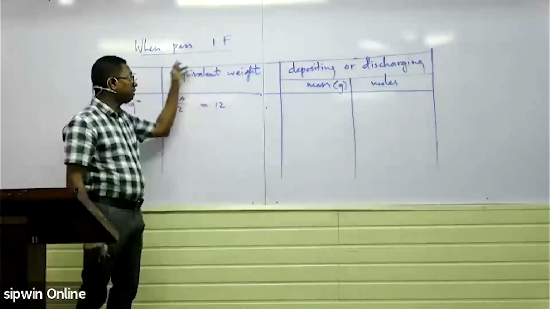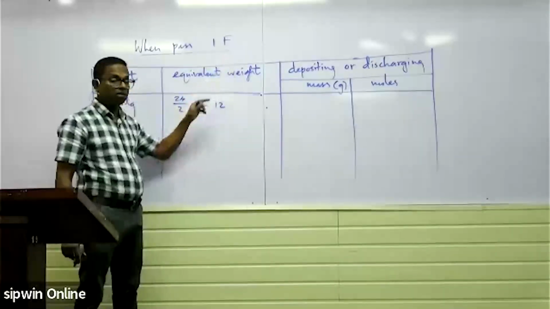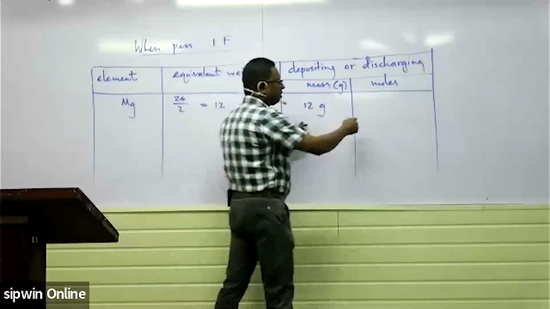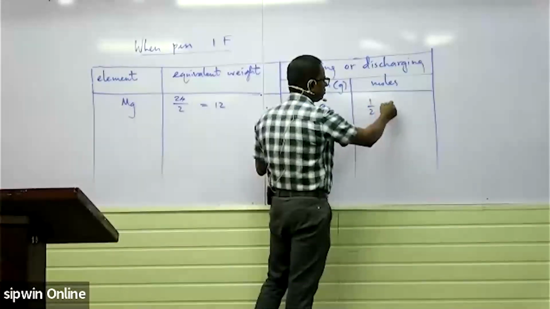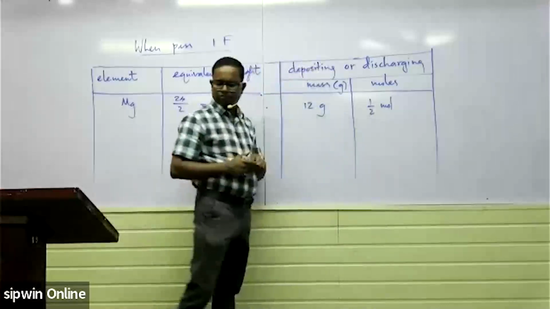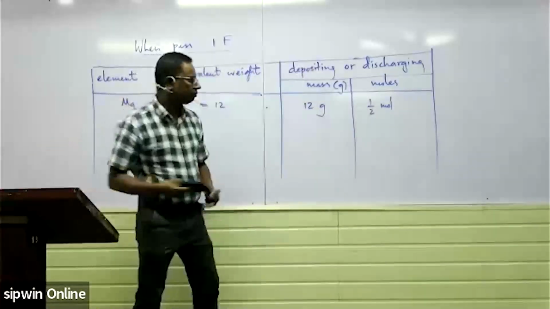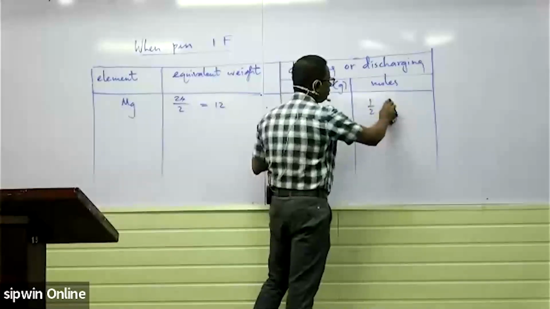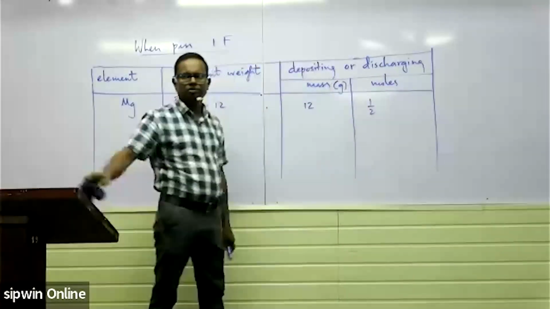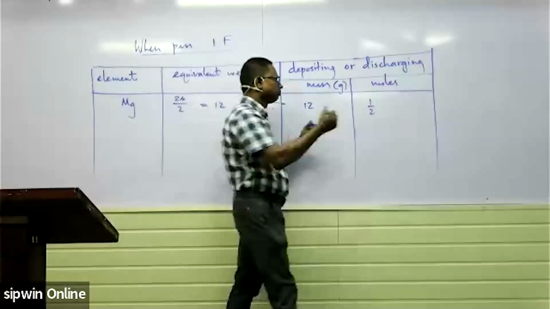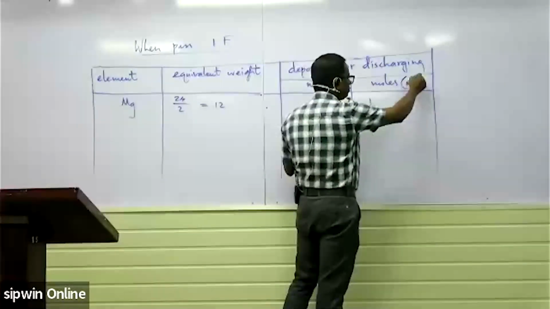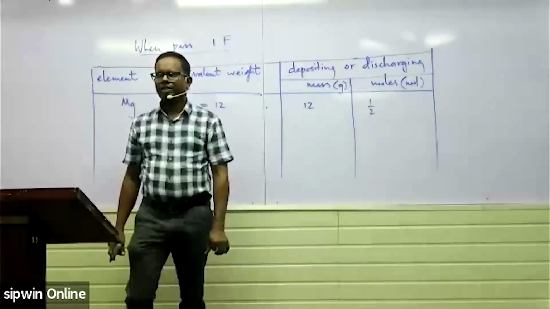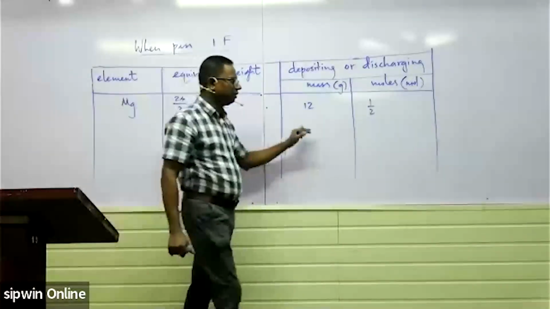Then we pass 1 Faraday, I can have 12 grams, half moles. This is the relationship I mentioned earlier.